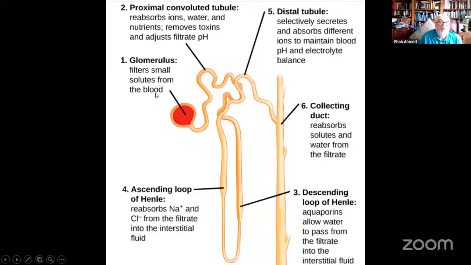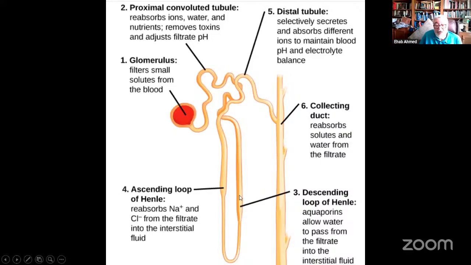The glomerulus will filter small solutes from the blood, and the glomerular filtration in the newborn, especially in the preterm, is limited. Then we come to the proximal tubules. They absorb certain ions, water, and nutrients, remove toxins, and adjust filtrate pH. And then comes the descending loop of Henle, which allows water to pass.